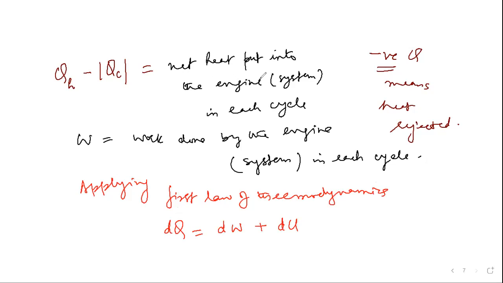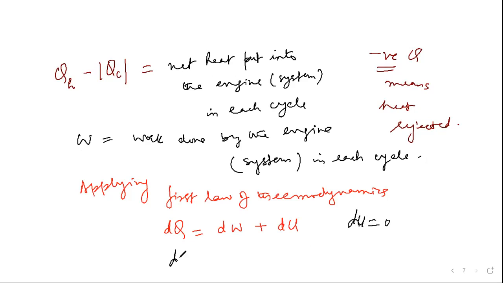Now, since internal energy is a state function and the working substance of my engine undergoes cyclic process, in each cycle it starts with certain state and then comes back to that state, and during that cycle net heat put into the system is this much, work done by the system is this much. Since the process is cyclic, internal energy is state function. Therefore, what is the change in internal energy? Change in internal energy is zero.